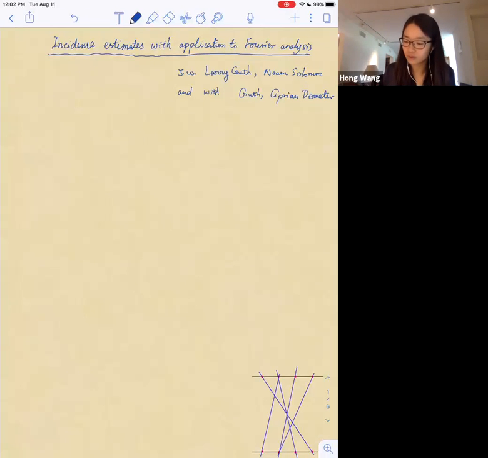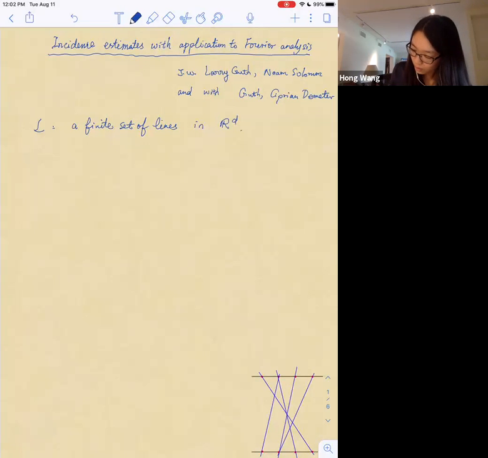So let's start with the classical incidence problem in combinatorics. Let L be a finite set of lines in R^d. We are interested in the set of R-rich points for this collection of lines. So here R is a number greater or equal to 2.